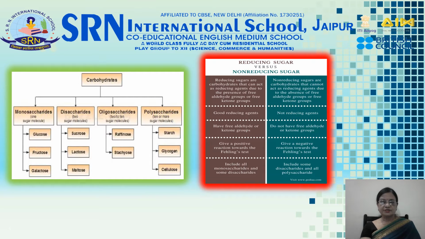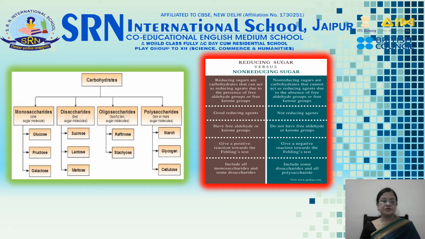Carbohydrates are also classified as reducing and non-reducing sugars. Reducing sugars are those carbohydrates which act as a reducing agent, due to the presence of an aldehydic or ketonic group. Whereas non-reducing sugars are those carbohydrates which cannot act as a reducing agent, because they don't have any free aldehydic or ketonic group.